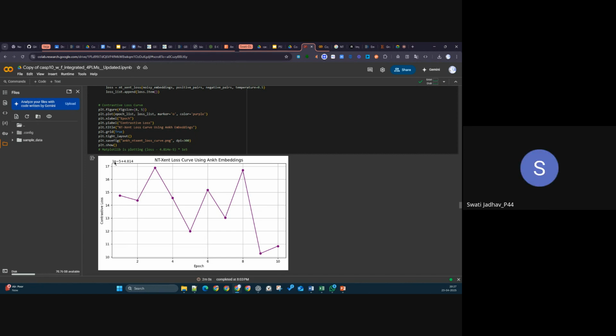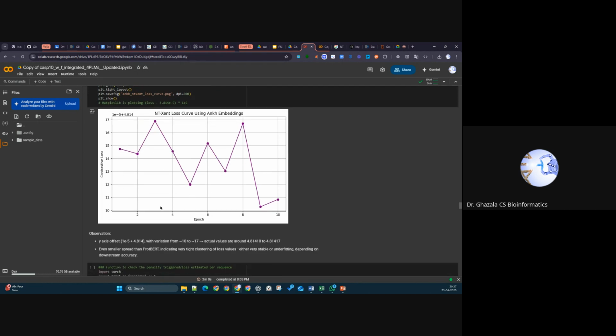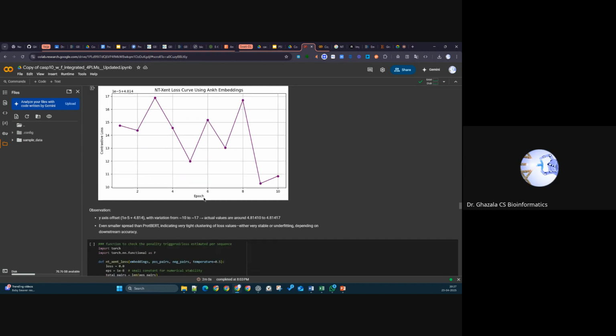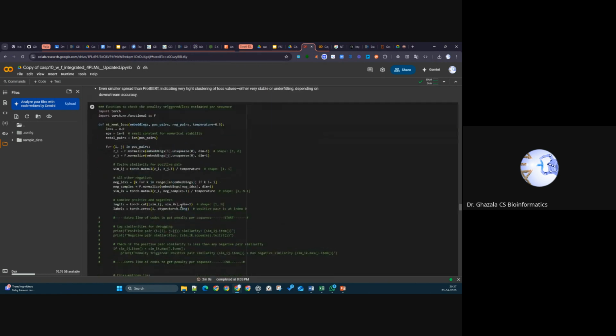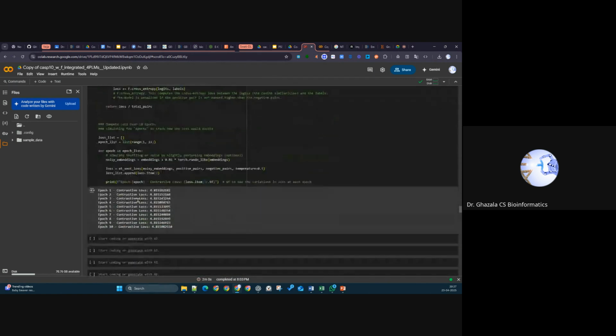So again, this scale is fine for us, so we can consider this. Otherwise we can also try to hypertune it, but we don't see a reason for hypertuning as of now, so we can keep the model as it is for this data set, I guess.